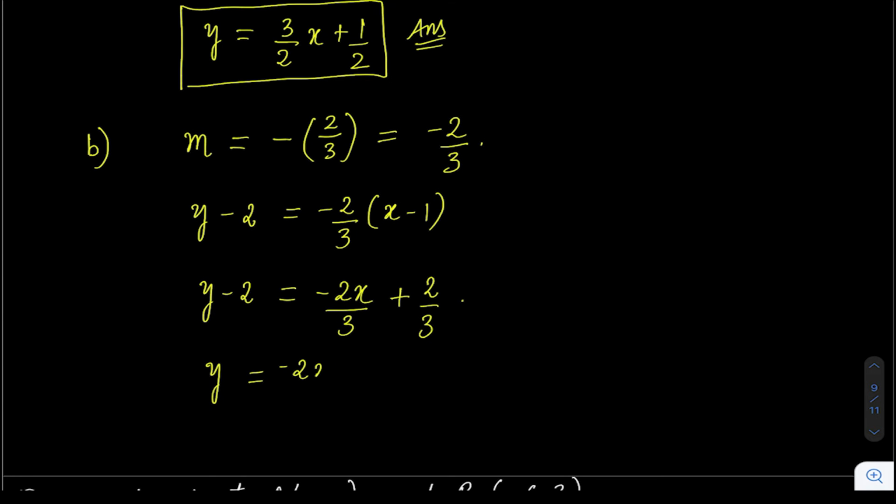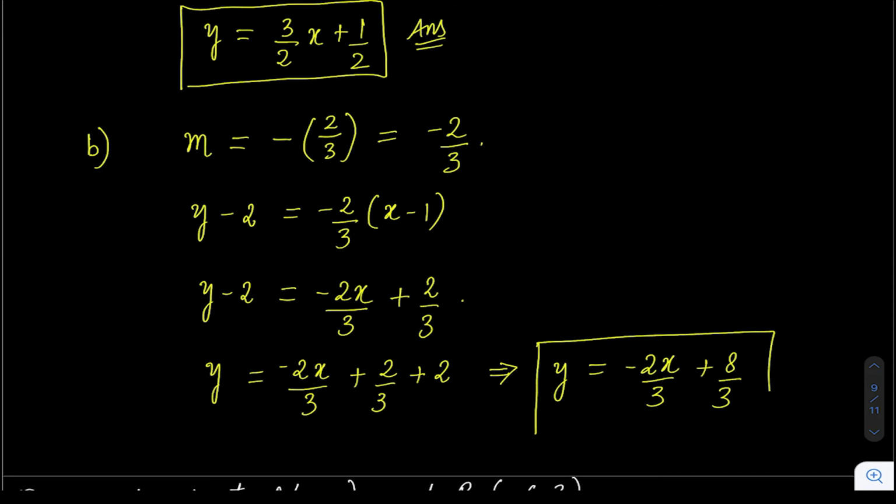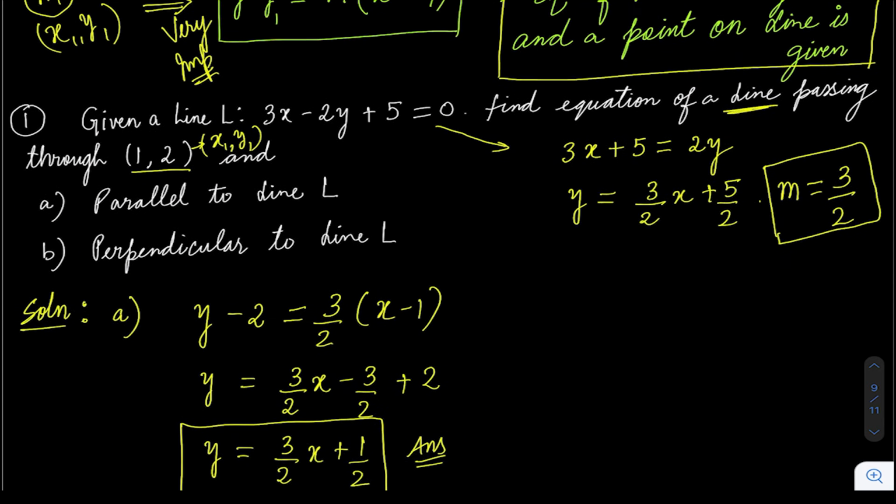My final answer will be y equals minus 2x over 3 plus 2 by 3 plus 2, which is y equals minus 2x over 3 plus 8 over 3, since 6 plus 2 is 8. This is my answer for part B.